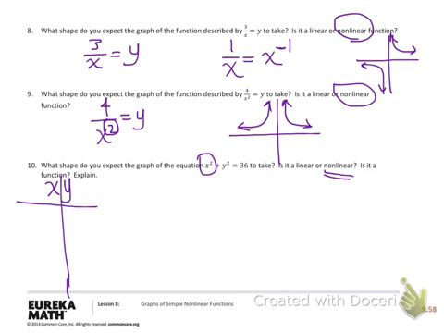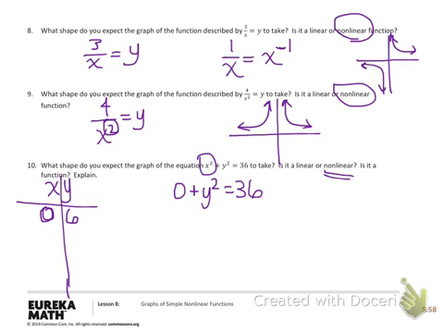I would start with easy numbers. Put in 0 for x. If I put in 0 for x, then I have 0 plus y squared is equal to 36. So y could be 6.